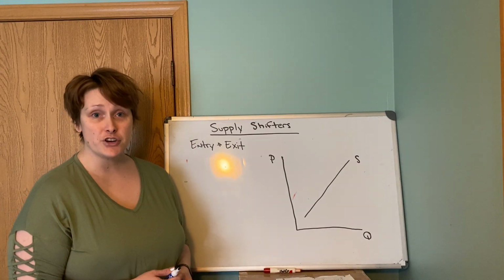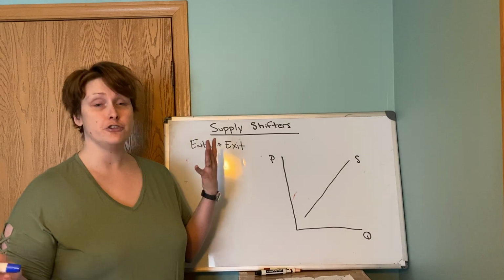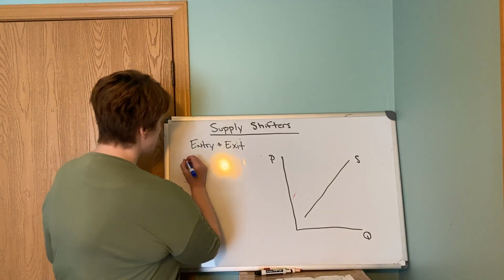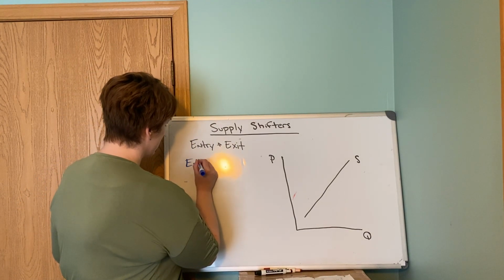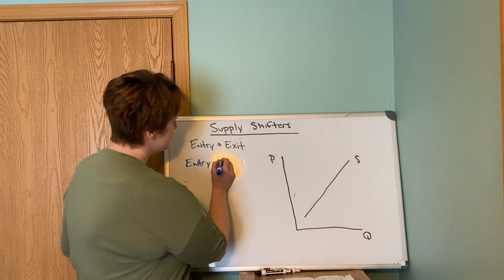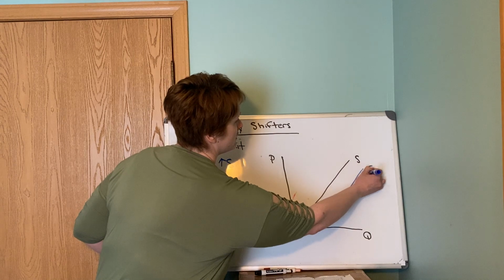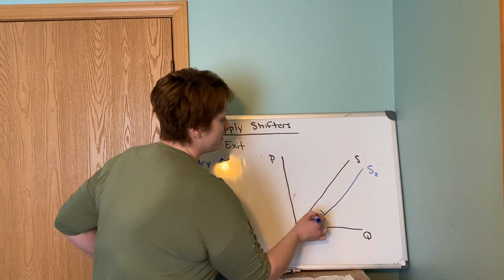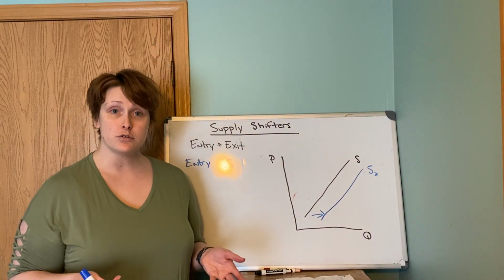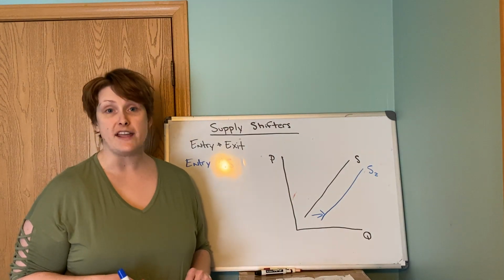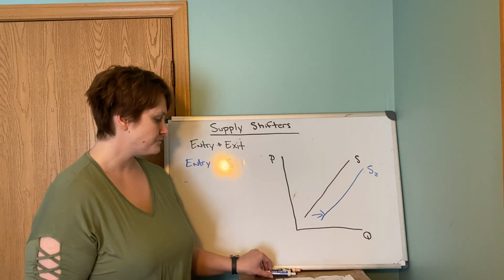If we see entry, we see new producers in the market. So entry, of course, is going to increase supply. The more firms that are in the market, the greater the total supply. So we're going to see a rightward shift in our supply curve.